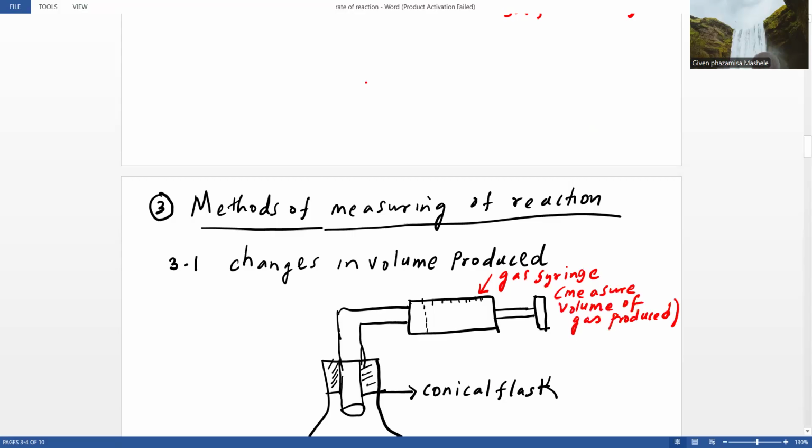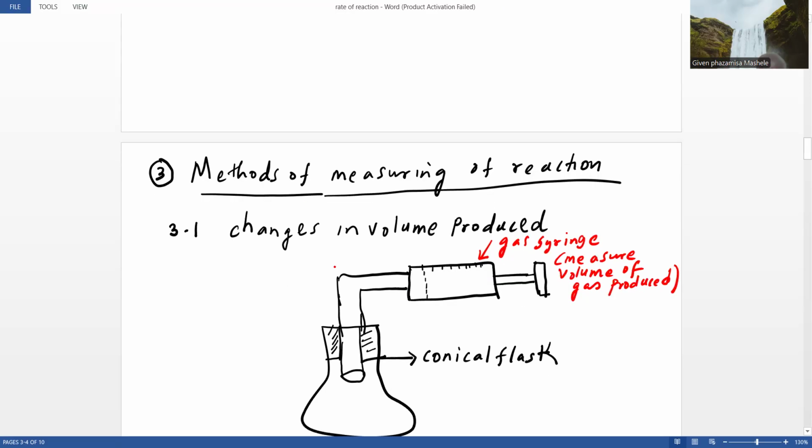Now, this is actually a delivery tube. Then this is a stopper. It's there to allow the gas to be released inside the tube only. So this is our stopper.